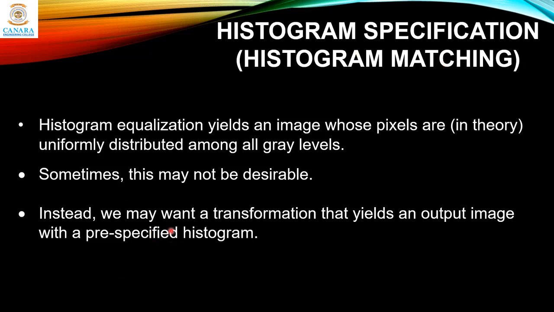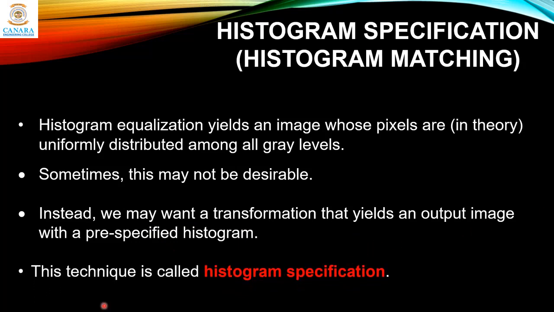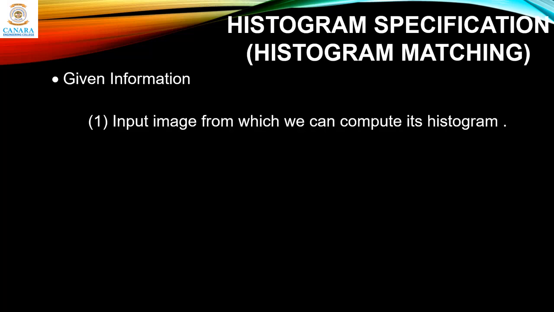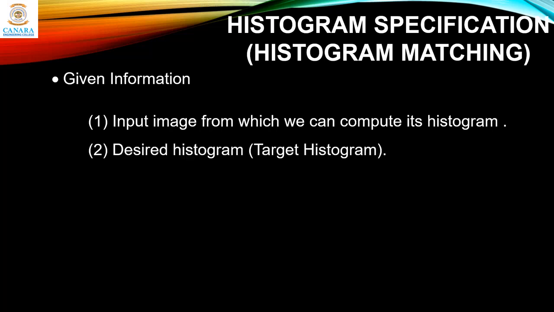So we want a transformation that yields an output image with a pre-specified histogram. This technique is called histogram specification. In histogram specification, the information given are: first, an input image from which we can manipulate its histogram.